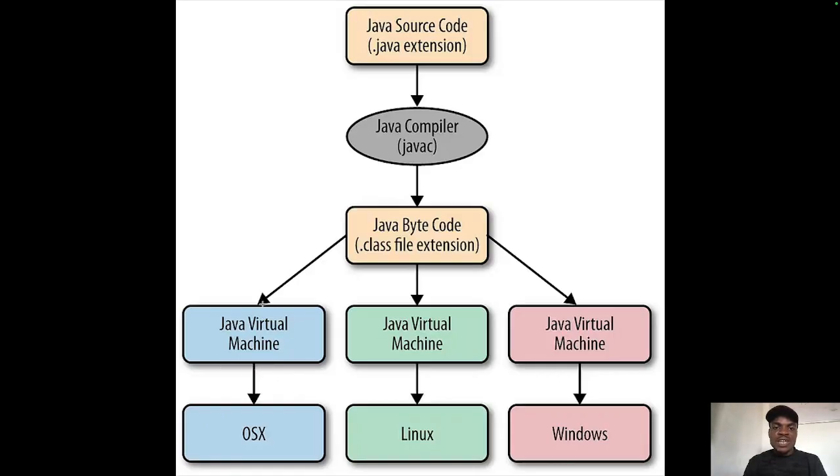This Java runtime environment is what helps run that Java code. Without the Java runtime environment, your Java will not be able to run. And the good thing is, when you install the JDK, you have all of these kits installed on your system.